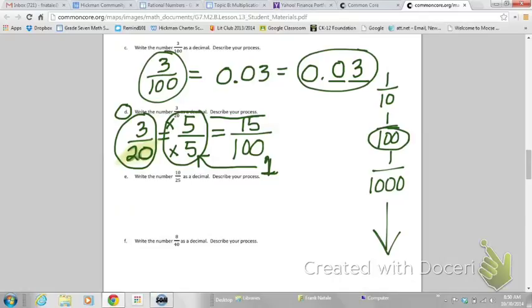15/100ths. So now what we've done is we've taken 3/20ths and turned it into 15/100ths by turning the 20ths into a power of 10, which is 100. And the way we did that is by multiplying by 5.